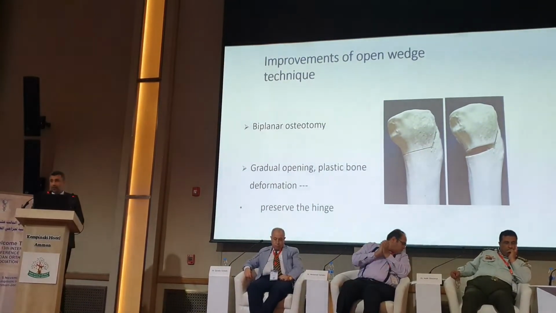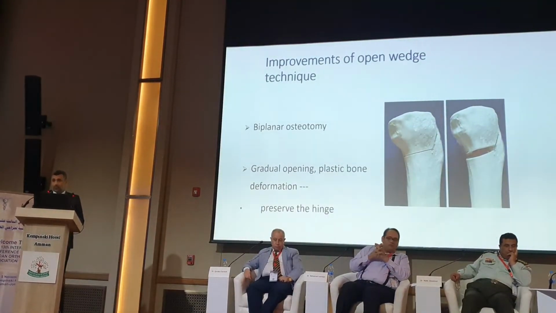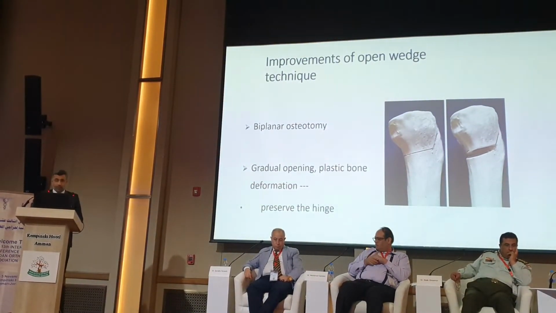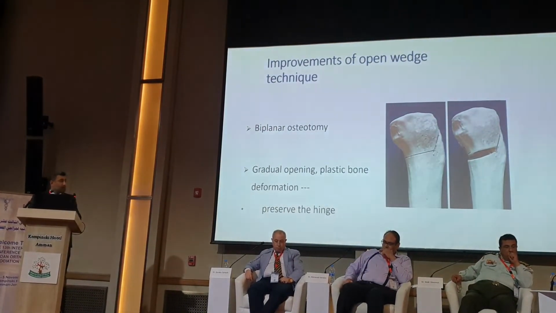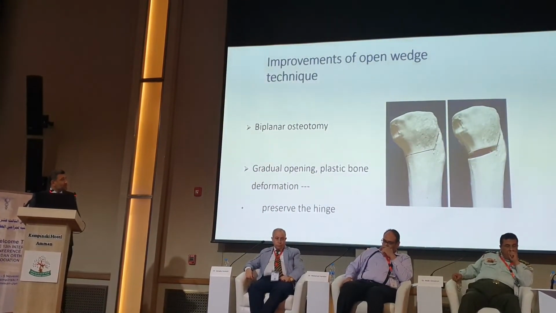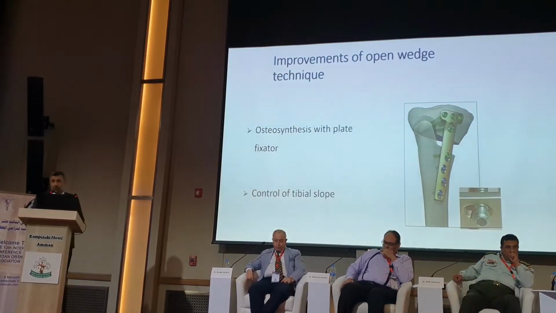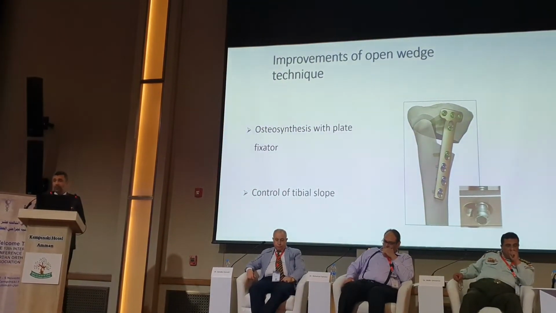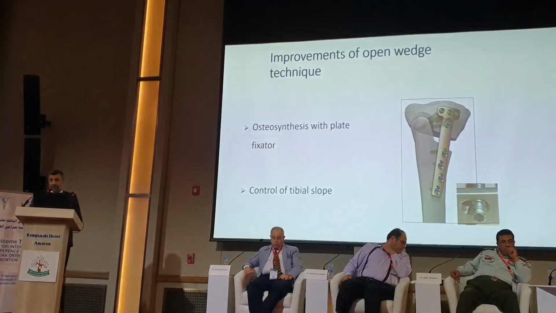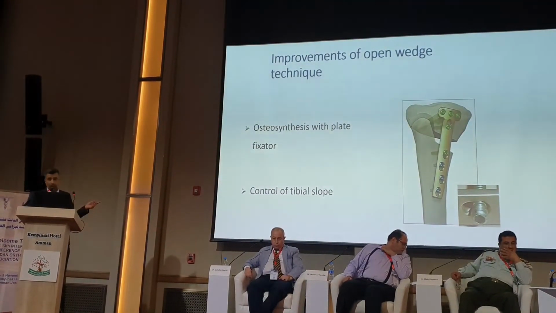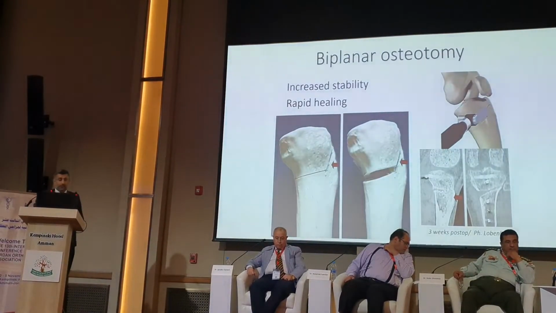And we are now also doing gradual open wedge osteotomy to preserve the hinge. Like Philippe Oberhofer says, tap the bone, just open it slowly, and we preserve the hinge. The third is that we use plate osteosynthesis, which is an internal fixator, a locking plate, and this provides early stability in the postoperative period. And we have more concern about the slope changes.